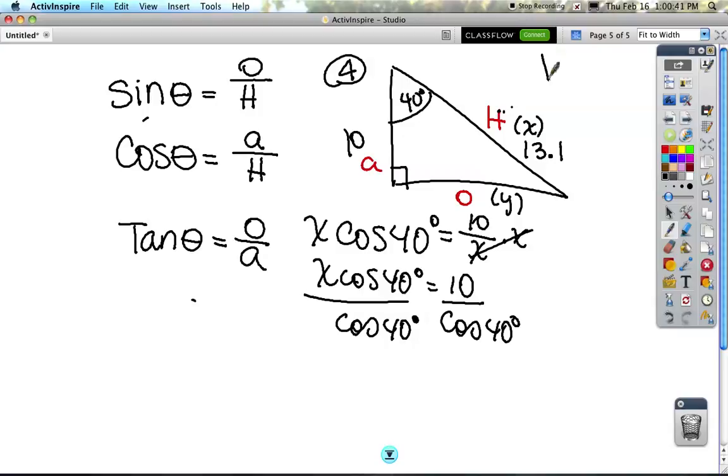So I've got tangent of 40 equals opposite over adjacent. How will I solve for y? Multiply by 10. So in your calculator, do 10 tangent 40. 8.4.